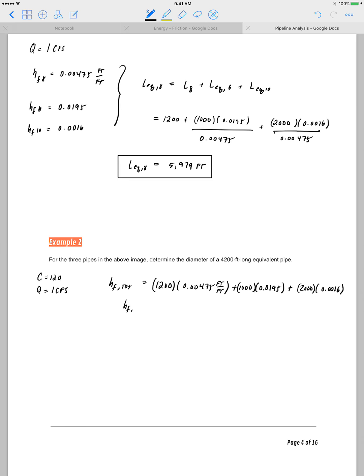So the H sub F for the total system is going to be equal to 28.4 foot. Good news, because we can take that value and plug it into the Hazen-Williams equation. Right? We can simply plug that in.